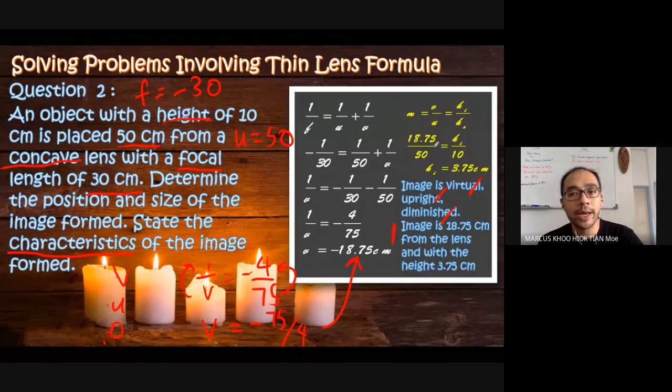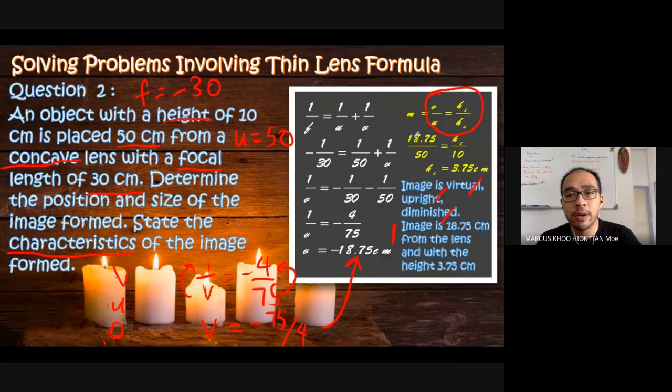And we can calculate the height by using the linear magnification formula too. V over U equals HI over HO. Cuma yang 18.75 ini kita tidak payah pakai sudah negative, because negative magnification doesn't mean anything to us lah. So we just throw away the negative number.